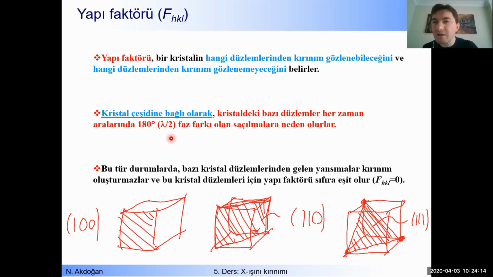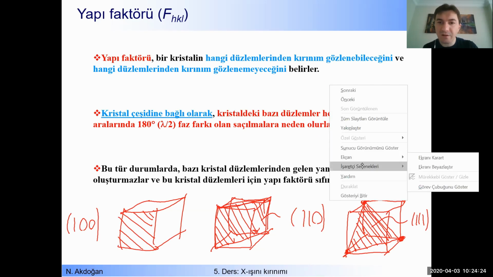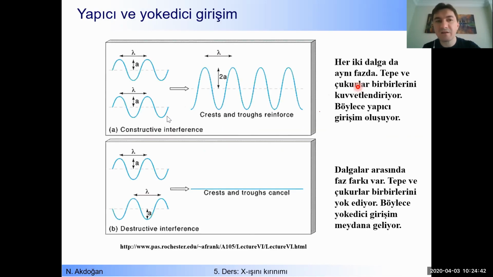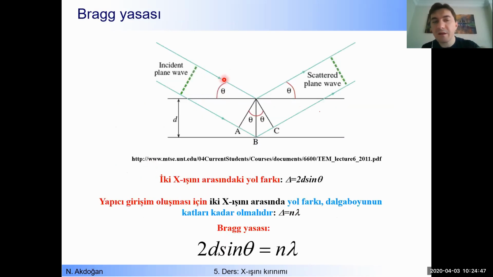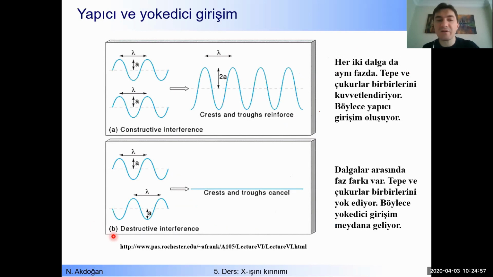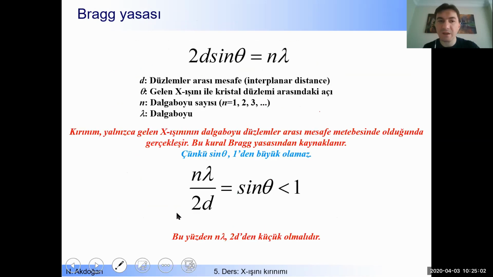So you cannot see any diffraction from some planes of the crystals. Okay, here let me go back. Here we have discussed constructive interference and destructive interference. If X-rays scatter from some planes of the crystals, they always produce a destructive interference like this due to the lambda half path difference, okay? This is the mechanism here.